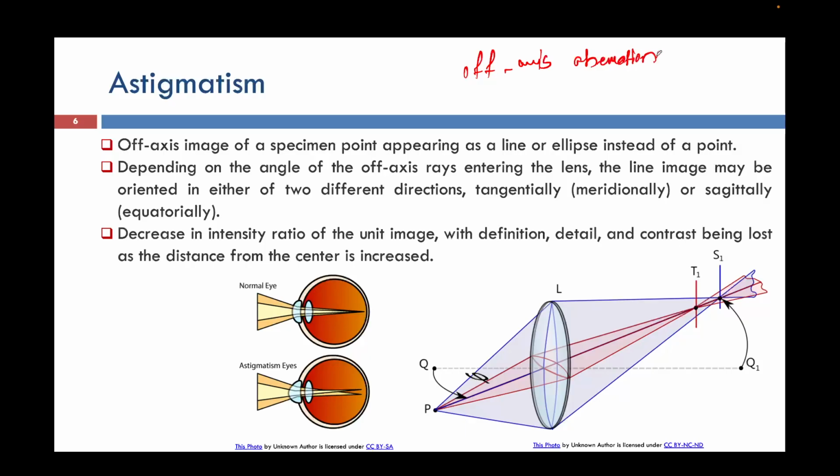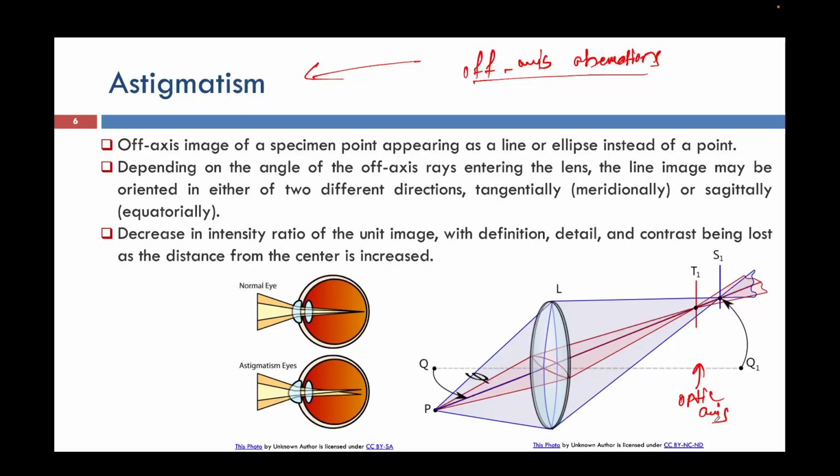Off axis aberrations, one of them is astigmatism. What do I mean by off axis aberration? You see, this is the optic axis. Instead of the rays being focused here, let's say I deviate my object a little bit from the optic axis.